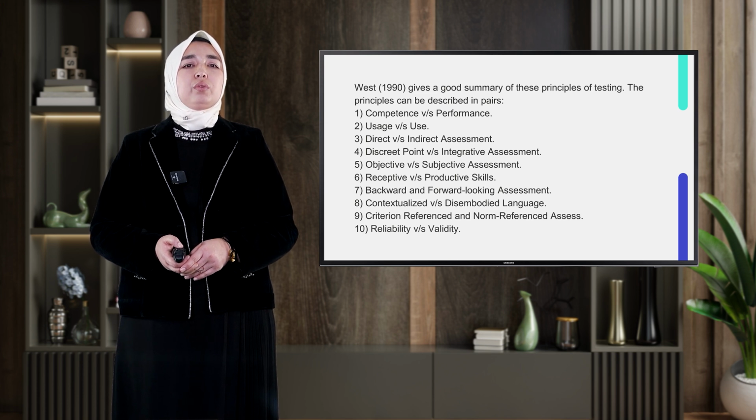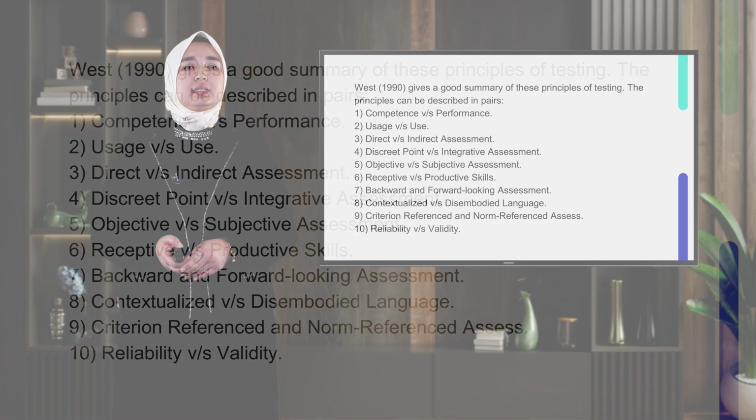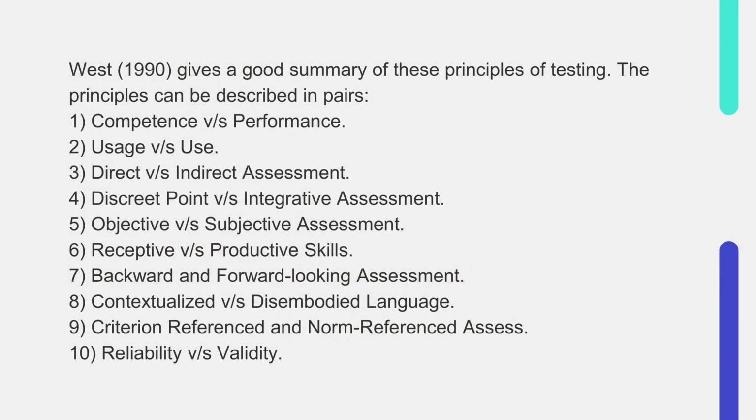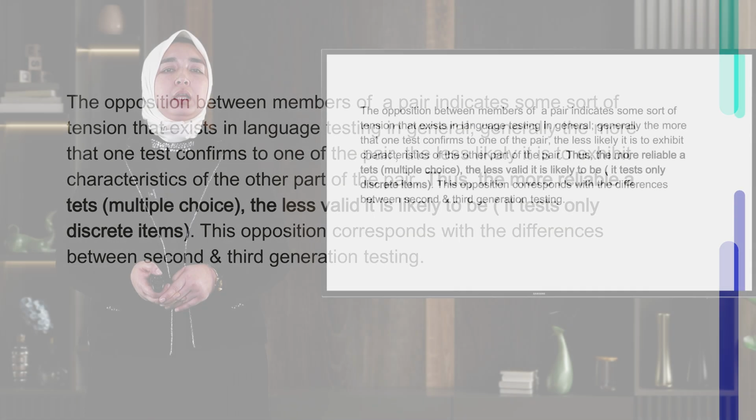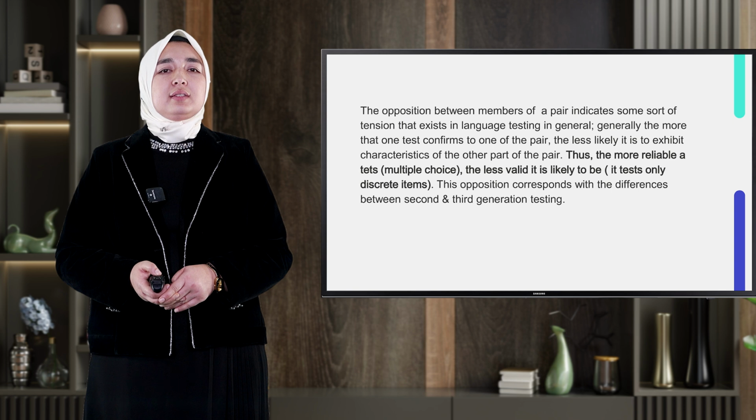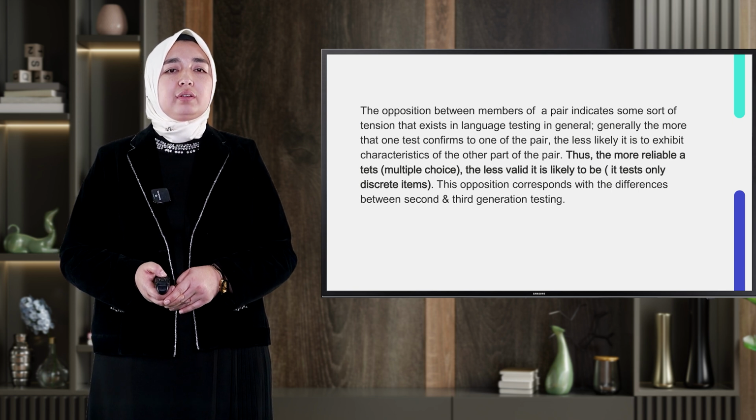Backward-looking versus forward-looking assessment, contextualized versus disembodied language, criterion-referenced versus norm-referenced assessment, and reliability versus validity. The opposition between members of a pair indicates some sort of tension that exists in language testing in general.